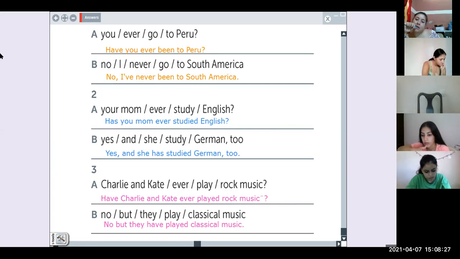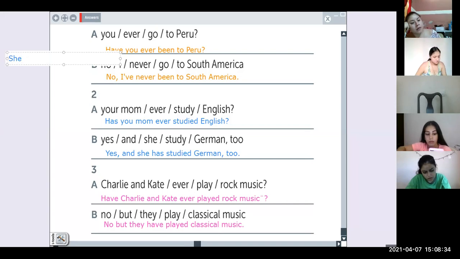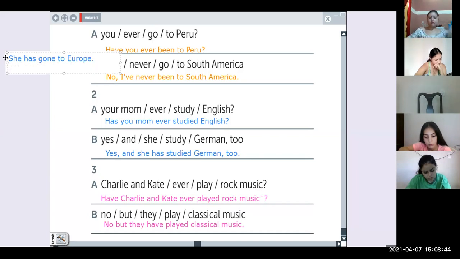Voy a poner un ejemplo aquí. She has gone to Europe. Y voy a poner el otro con been. She has been to Europe.